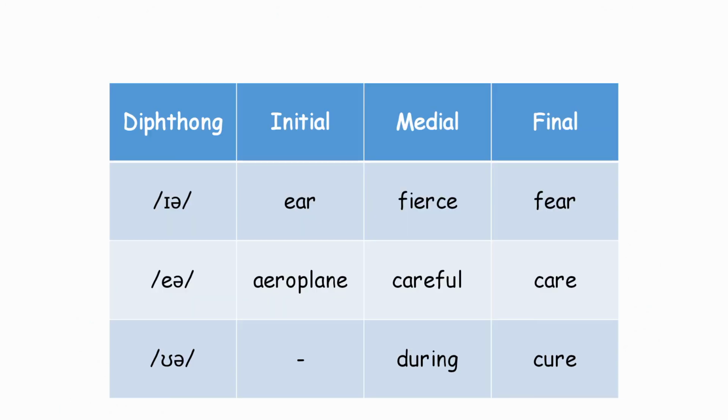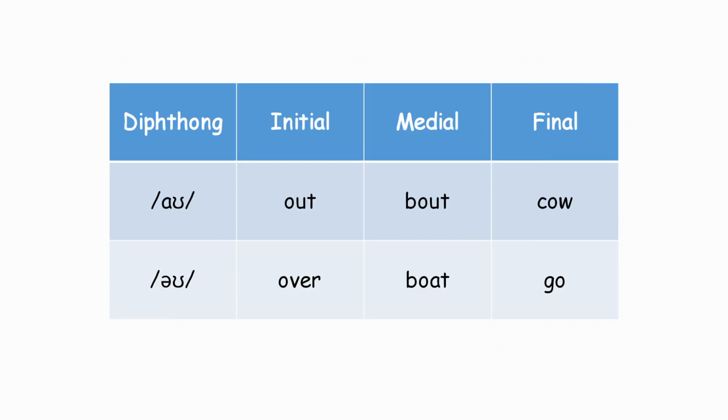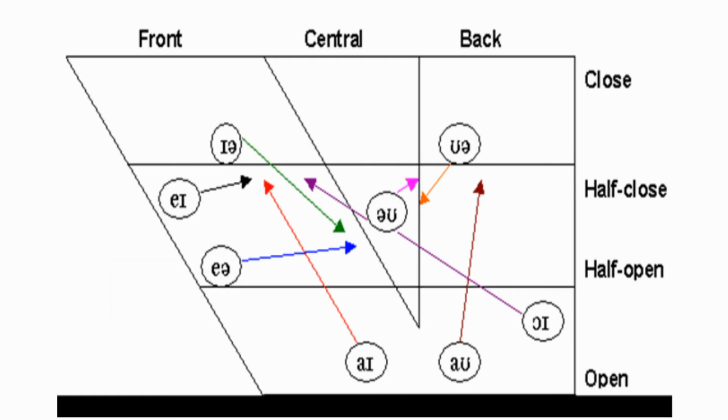The last diphthong, OO. Okay, you see OO. Yeah, this one, this saffron arrow, orange arrow. The gliding is from back rounded vowel to the centralized front unrounded vowel.